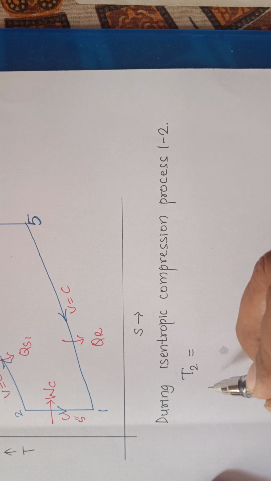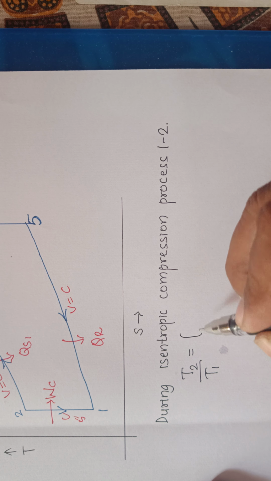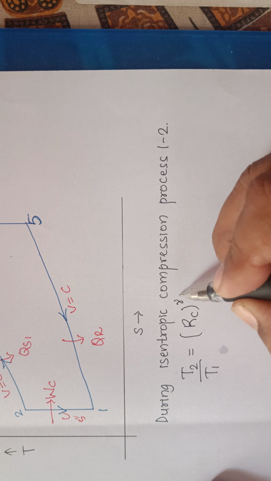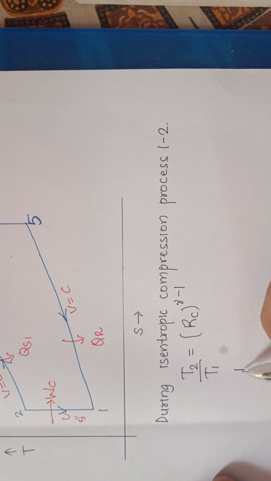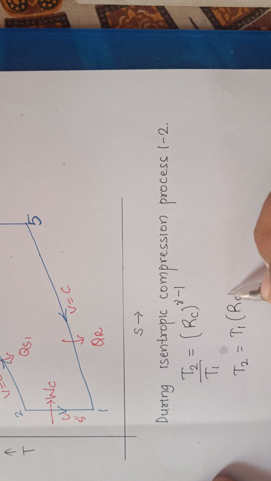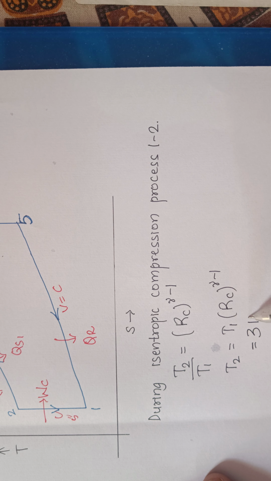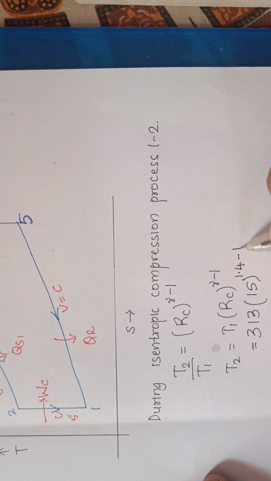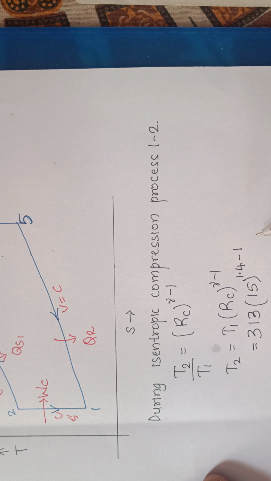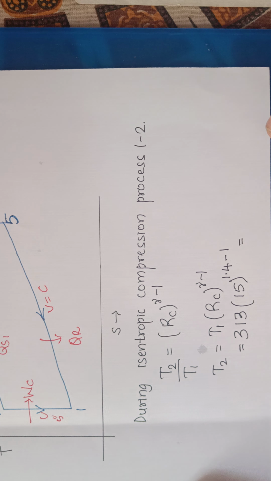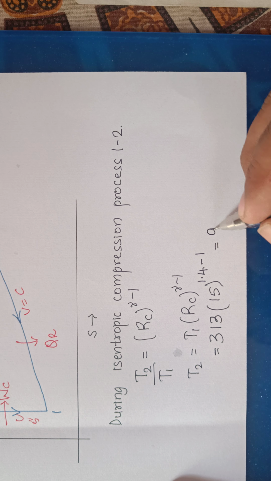T2 by T1 will be equal to rc to the power gamma minus 1. rc is given to us, and I want the value of T2.